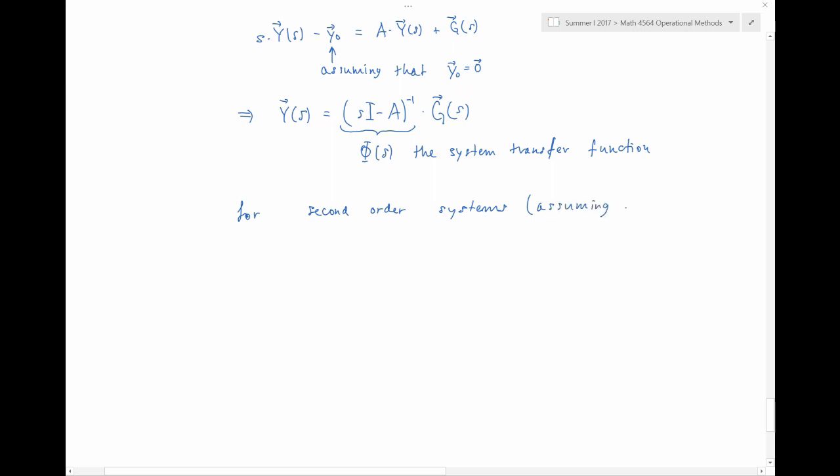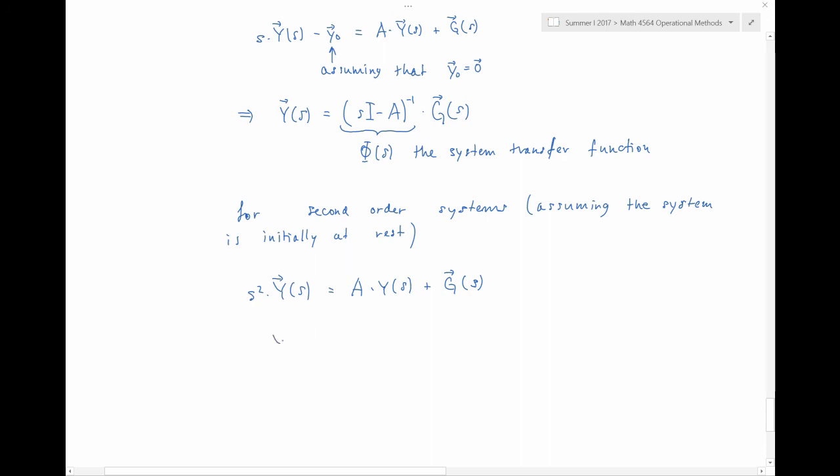And again, I'm going to assume that the system was initially at rest, which means all the initial conditions, all the initial derivatives are 0. We get that s squared times y of s will be equal to some matrix times y of s plus g of s, that's the Laplace transform of the input. Because all of the initial conditions are 0, I don't have any extra terms on the left.